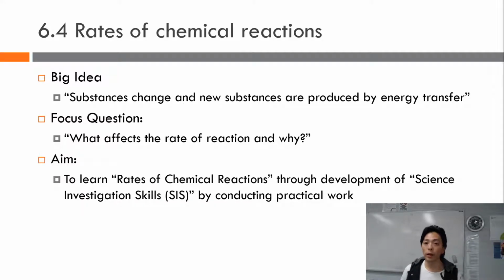You will hopefully be able to do this prac at home, or at least watch my video and write investigation methods for that. You'll be learning that rates of chemical reaction can be affected by certain things, and you do that through experiment.